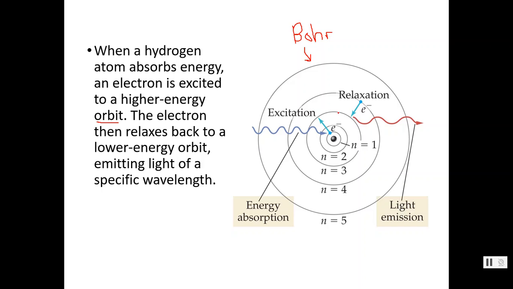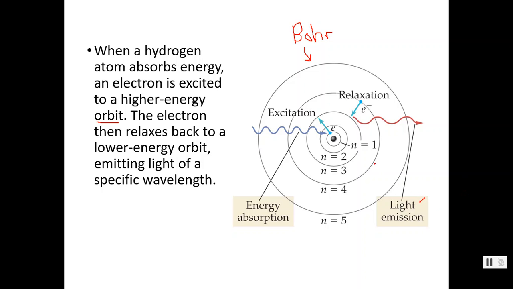In this cartoon for the Bohr atom for hydrogen, electrons can be promoted to higher energy orbits by absorbing energy. Then electrons can fall down to lower state orbits by releasing energy in the form of light.